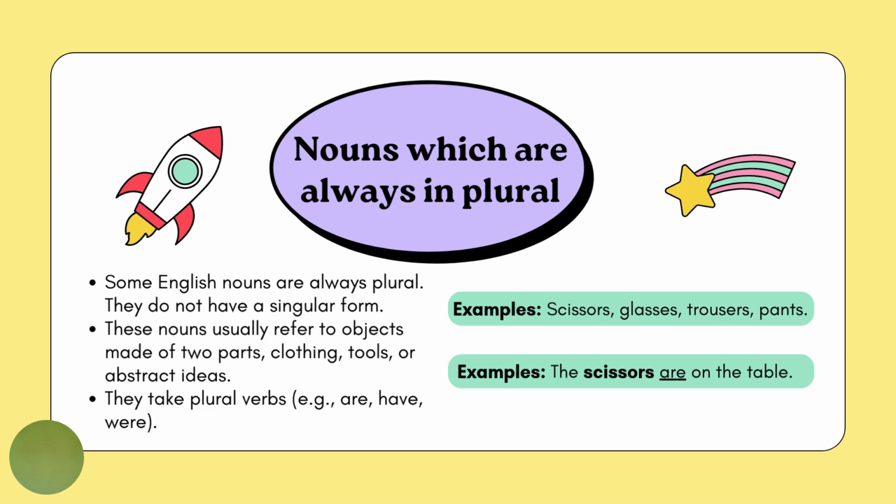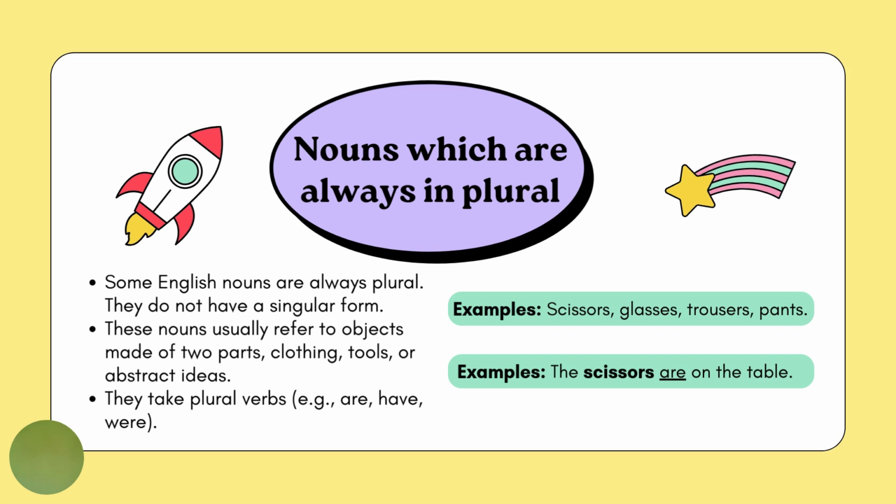So for example, you say scissors, glasses, trousers, pants. You can't imagine using scissors that only have one side, right? Or glasses. It won't be like the glasses that we know if it's only one. Just like trousers.